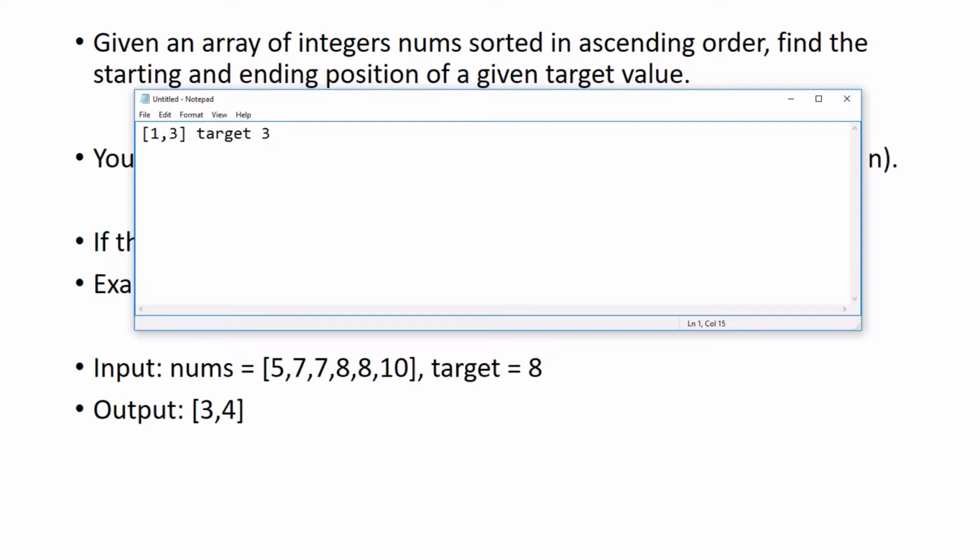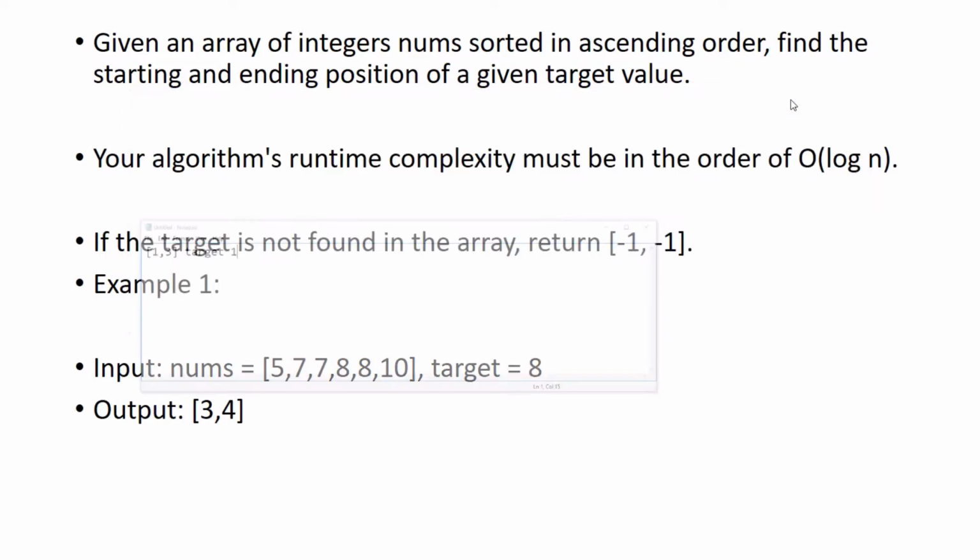You expect that it should return 1, 1, because it's starting at 1 and it's ending at 1. Alright, so you get the idea. But if we say the target is 1, you expect it to return what? 0, 0, because it's starting at 0 and it's also ending at 0. So that's the idea of this program.